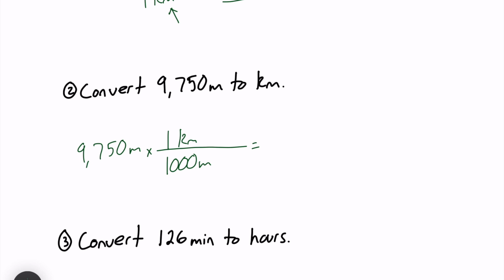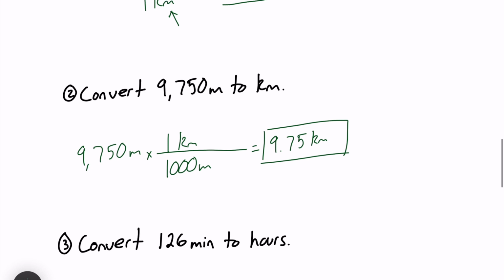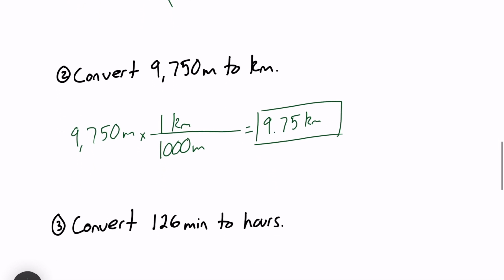So we just have 9,750 divided by 1,000, and you should get an answer of 9.75 kilometers. So a key here also when we're doing these conversions, make sure to include all units. And one thing that you also can do to keep track is cross off your units as you go. So we have meters here on top, we have meters on the bottom. They're opposite of one another, so they should cross off. What we're left with is kilometers.